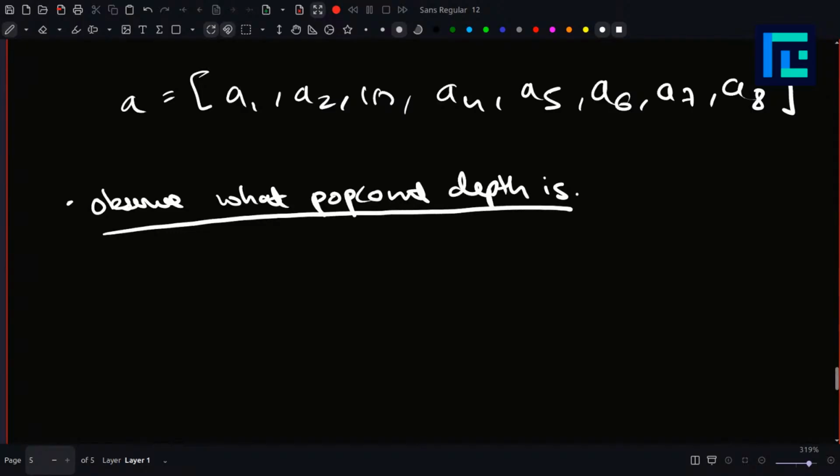Let's take a number like maybe 257. What is 257? It is 2 to the power 8 plus 1, right? 256 plus 1 is 257. So we can say that it will be 1 followed by 8 zeros and then a 1.